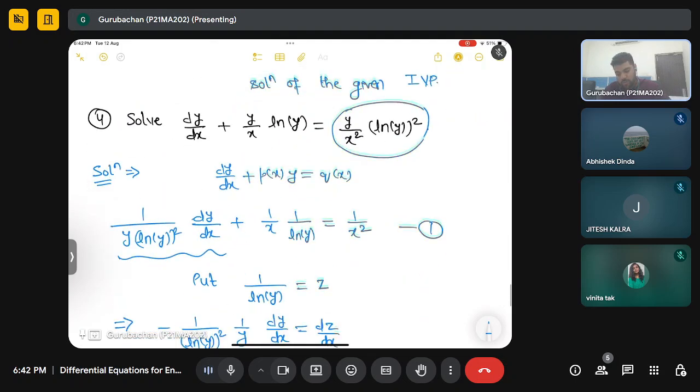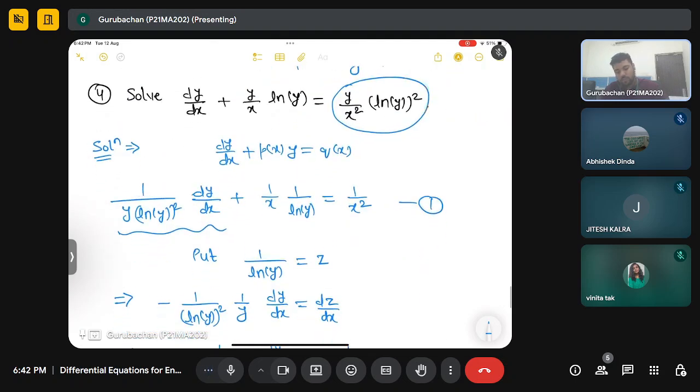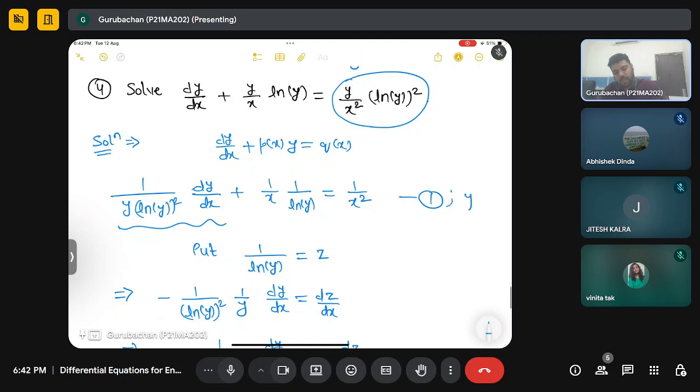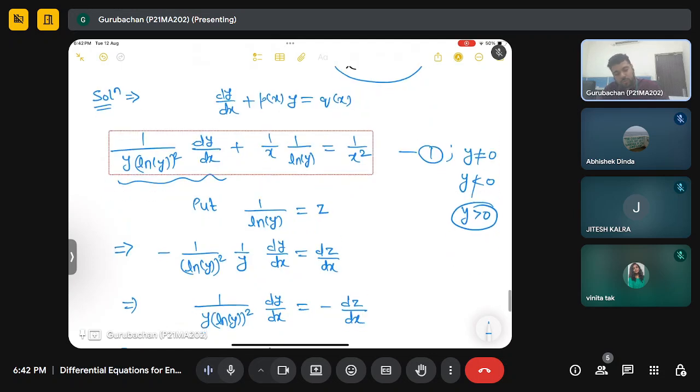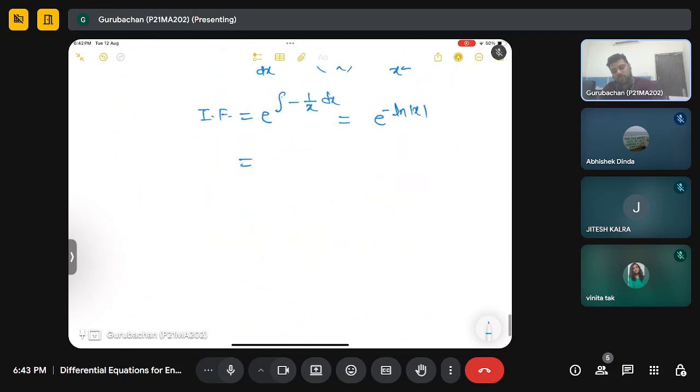Here also you can observe that y should not be 0 and y is clearly positive. Moreover, x should not be 0. So the integrating factor will be 1 by x.